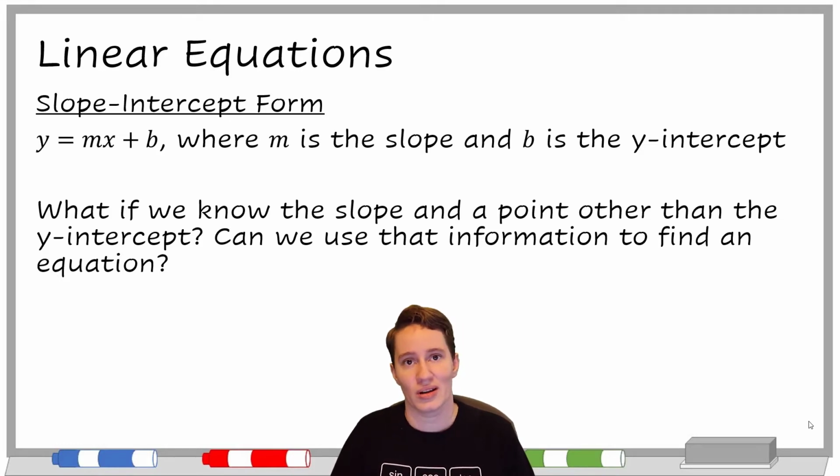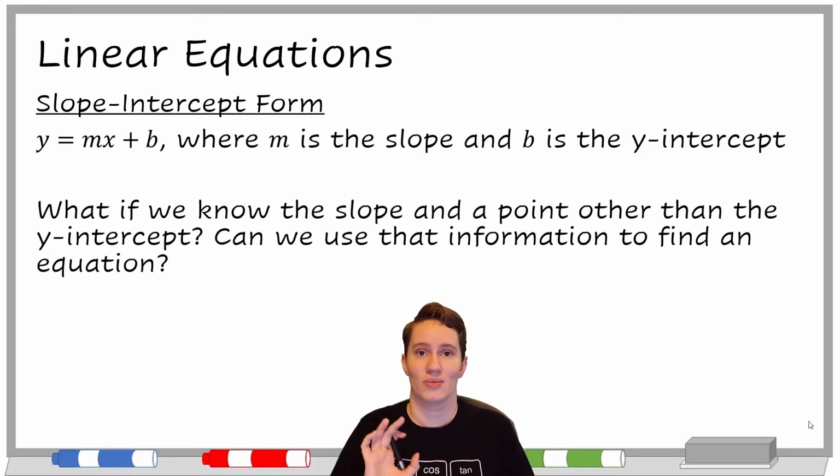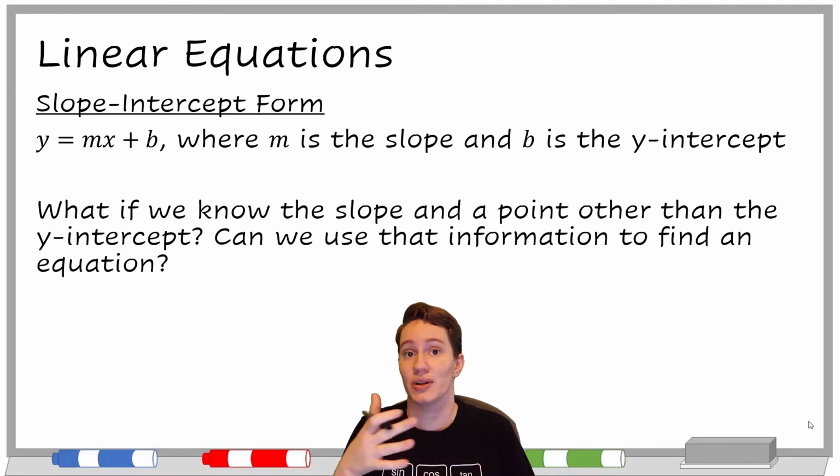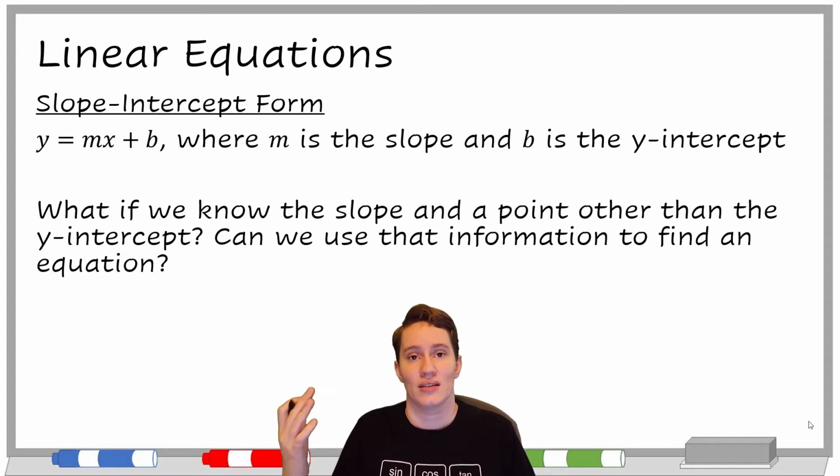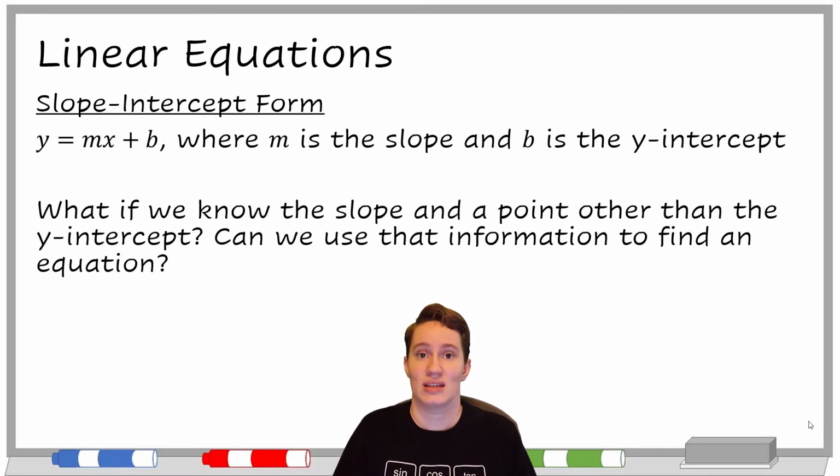Now, though, we're going to make it a little different, and we're going to know the slope but not know the y-intercept. Instead, we're going to know just some random point that is on the line, and that's going to be the information that we can use to go back and get b. So let's try it out.